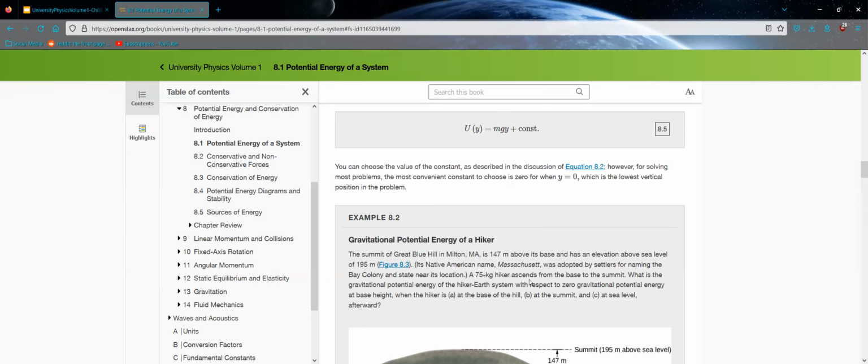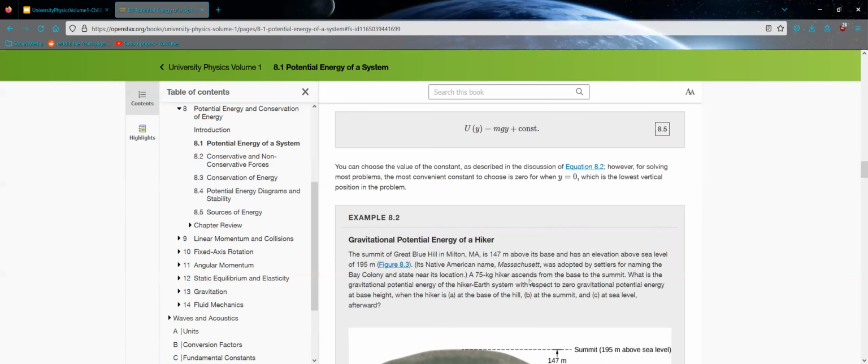When you go through these questions, you always want to find the appropriate equation that best covers all of your knowns and unknowns. In this example, we have an equation for the potential energy of a system, big U sub y, which is equal to mgy plus a constant.